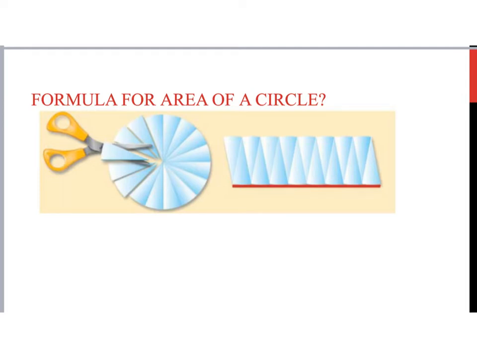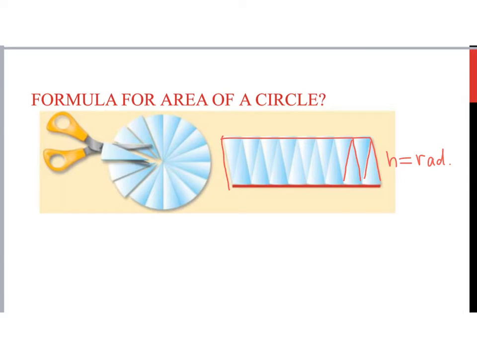Then if you cut those 16 wedges out and arrange them in a shape that looks like this, you'll notice that what we actually come up with is a parallelogram. Now on this parallelogram, we know that our height is going to equal the radius of this circle, because that's what each of these lines from the triangles represent.